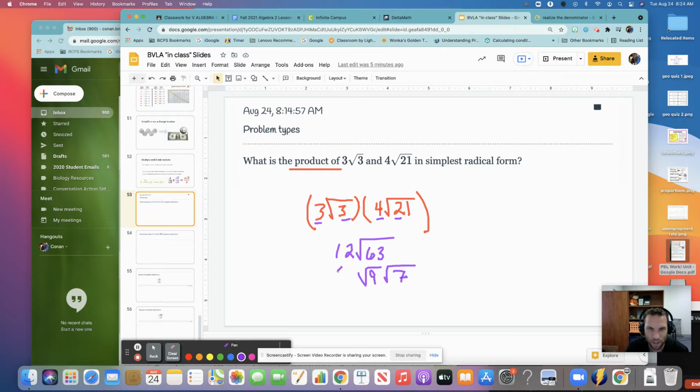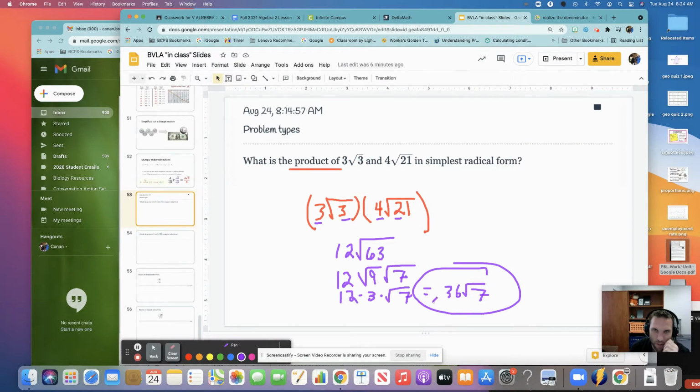And that 12 just got brought down, right? Okay, so this is really 12 times 3, square root of 9 is 3, times the square root of 7, which is equal to 36 times root 7. And that would be my product.